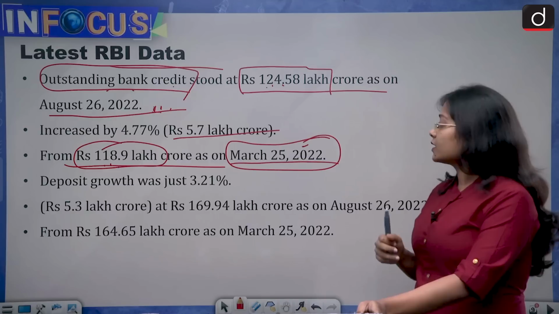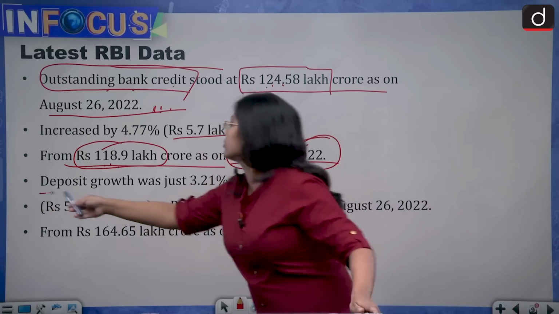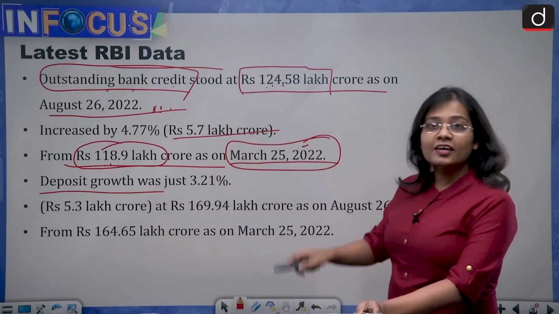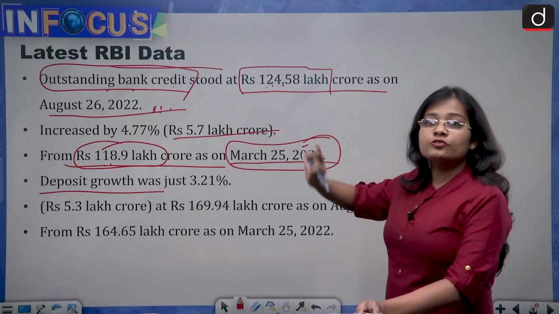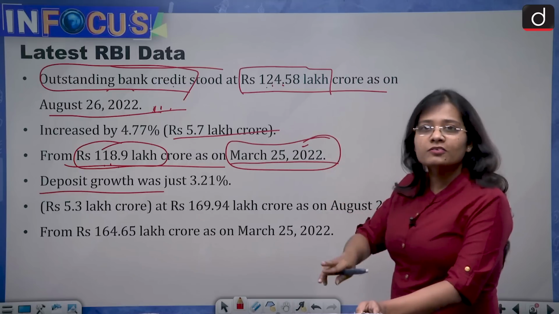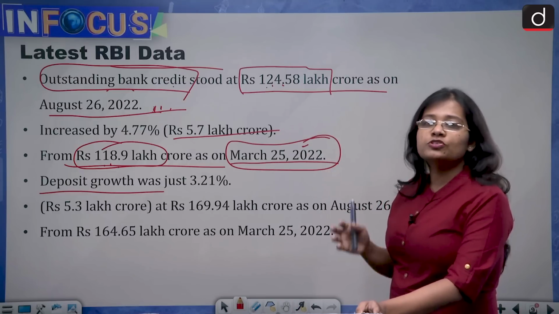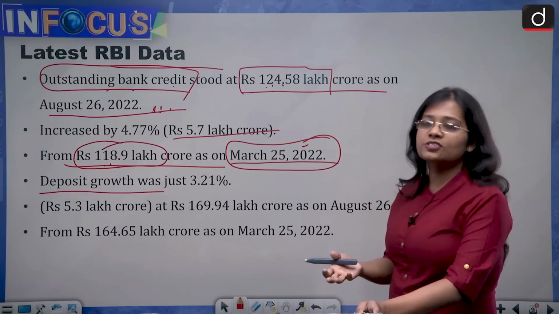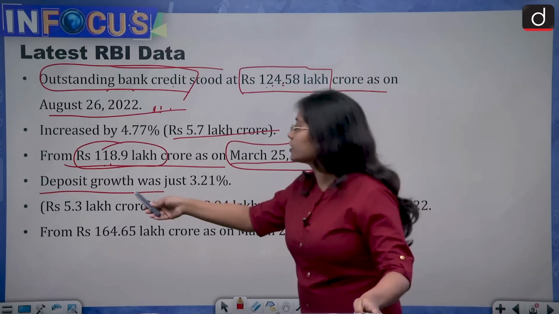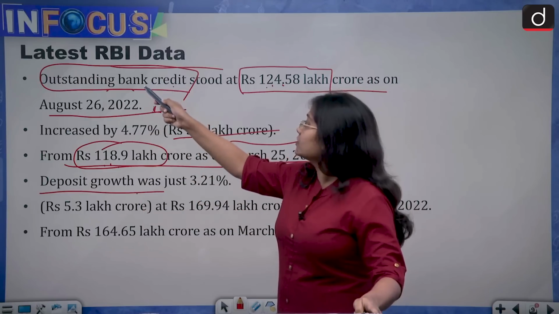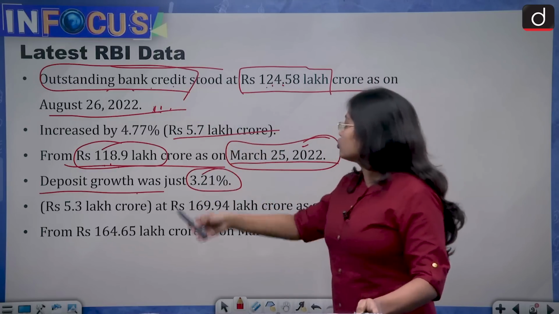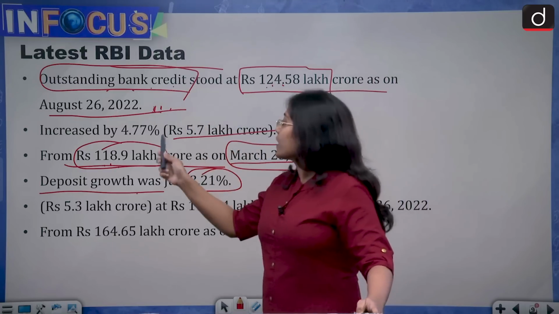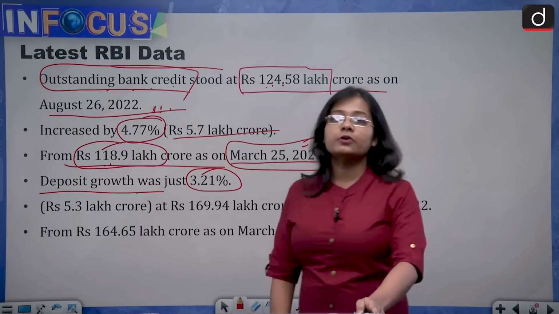While on the other hand, the deposit growth is less than the outstanding bank credit, while it should be reversed. And this is the reason why a deficit is being created in the Indian banking system, because the deposit growth rate is less than the outstanding bank credit. The deposit growth rate is 3.21%, while the outstanding bank credit is 4.77%.